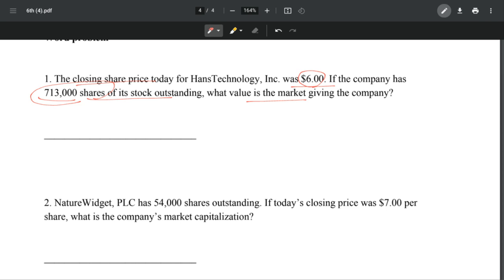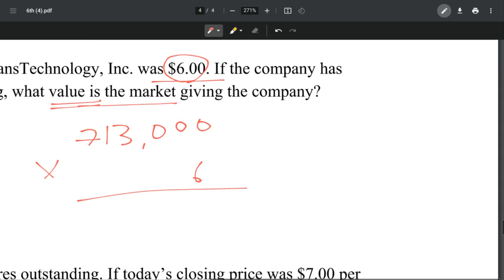So really all we've got to do is, to find out the value, we've got to multiply, right? And so we're multiplying 713,000 by $6. Okay? And actually we could just do 713 times 6, which is 742.